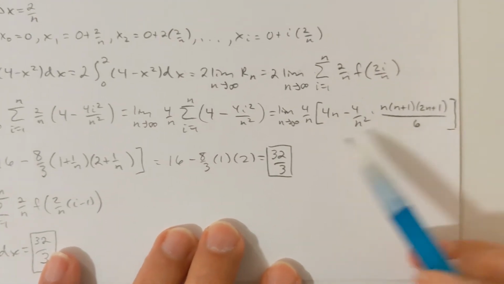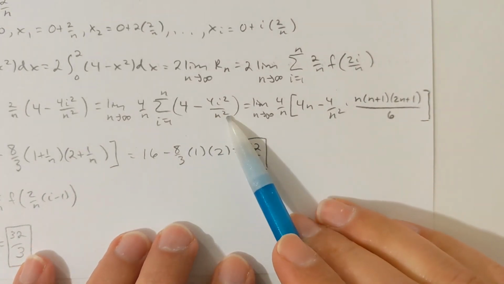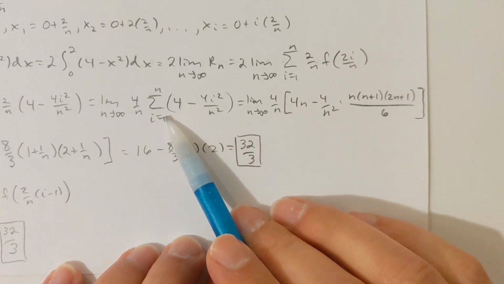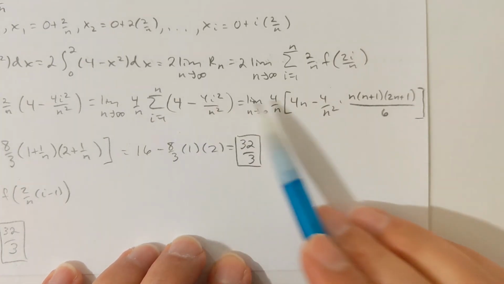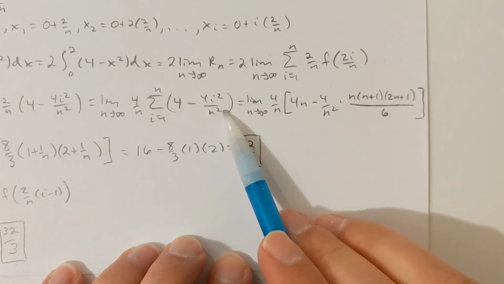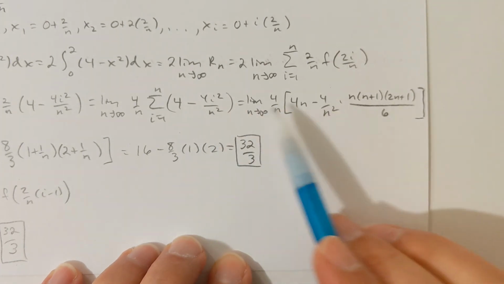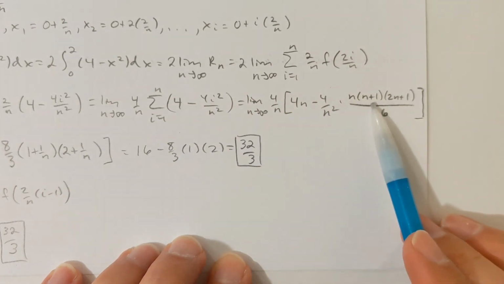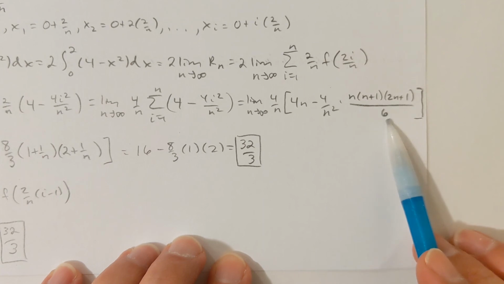And you can then split this sum into 2 sums and use your special summation formulas. If you're summing up a constant n times, that's n times the constant. Okay, minus 4 over n squared, that's a constant, times the sum as i equals 1 to n of i squared, that's n times n plus 1 times 2n plus 1 all over 6.